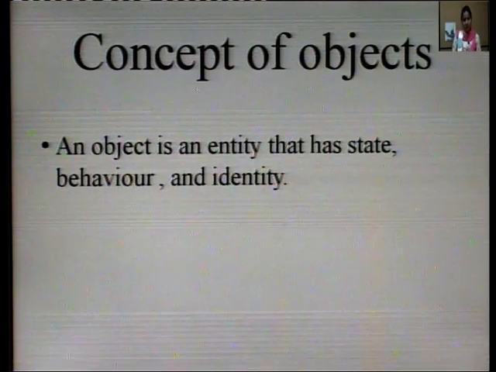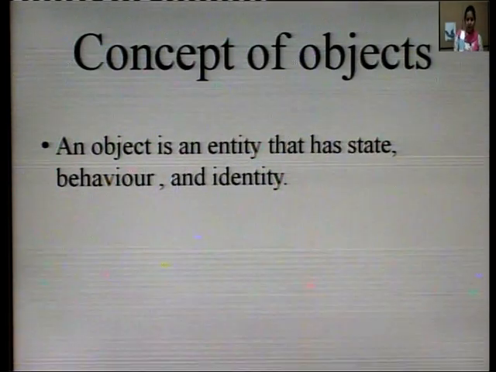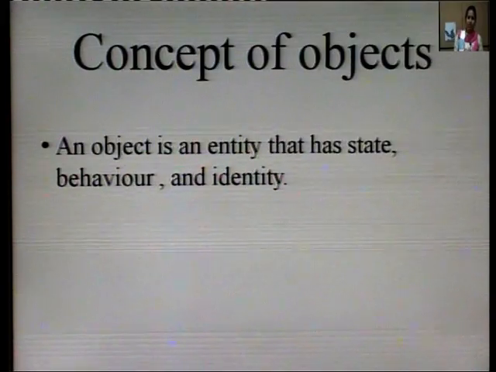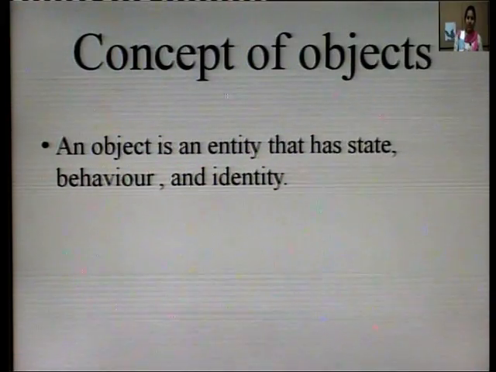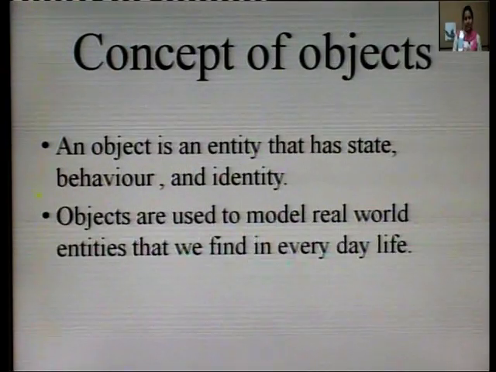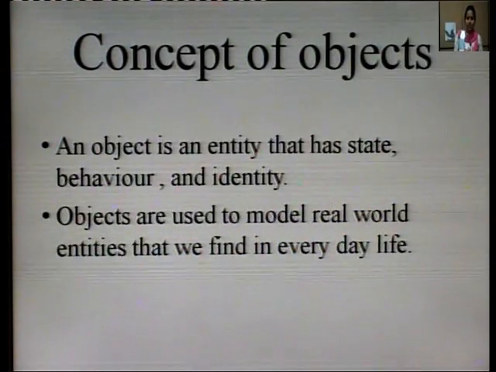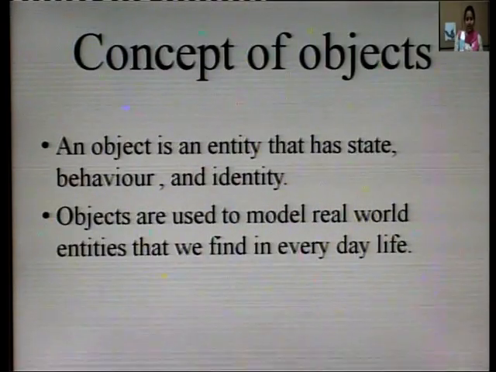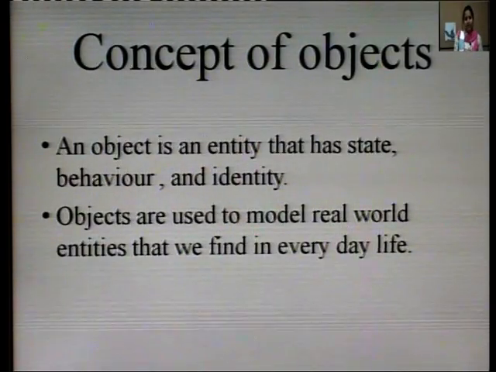So human being is an entity or a class, and if we are talking about a particular human being, then that becomes an object. So objects are used to model real world entities. Human species is a real world entity.